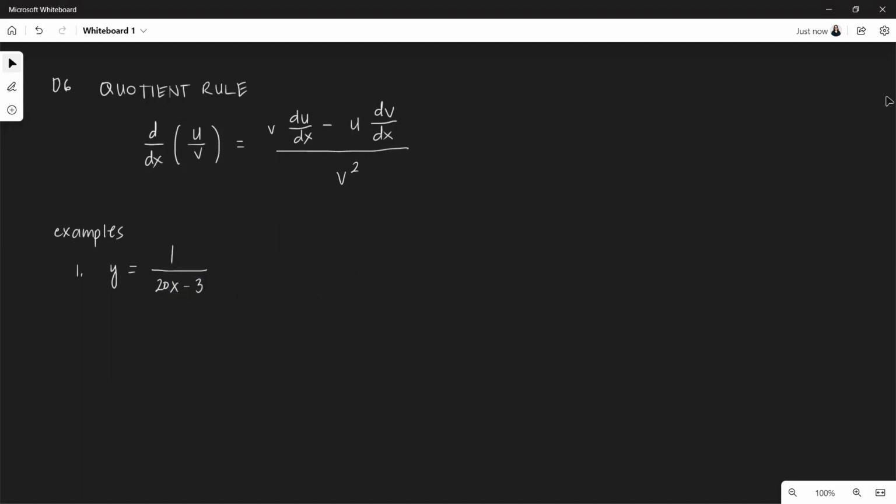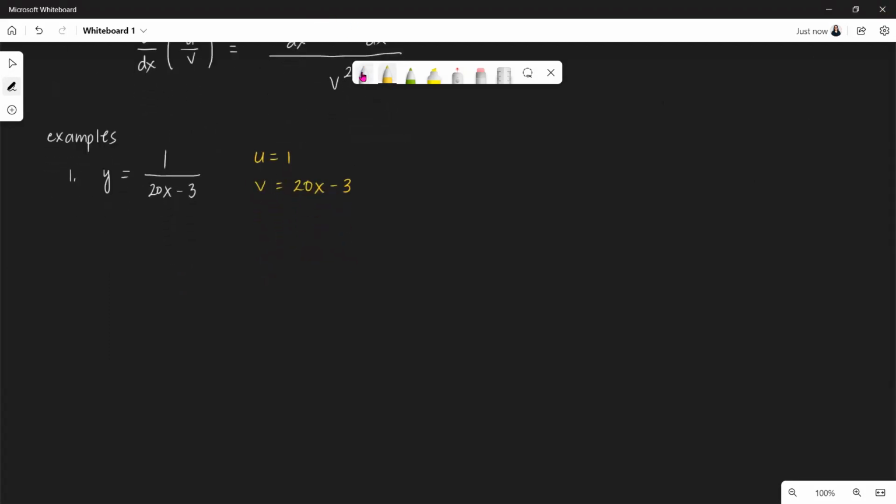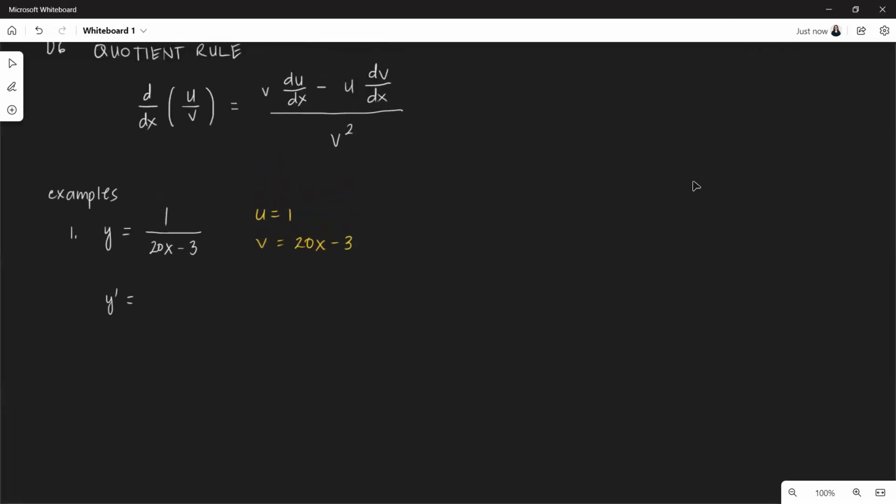So the u here is the numerator, meaning 1 is the u, while 20x minus 3 is the v. So we just follow the format. We have dy over dx, or again, we can write it as y prime. So it's equal to, you copy v, so 20x minus 3, and multiply it with the derivative of 1.